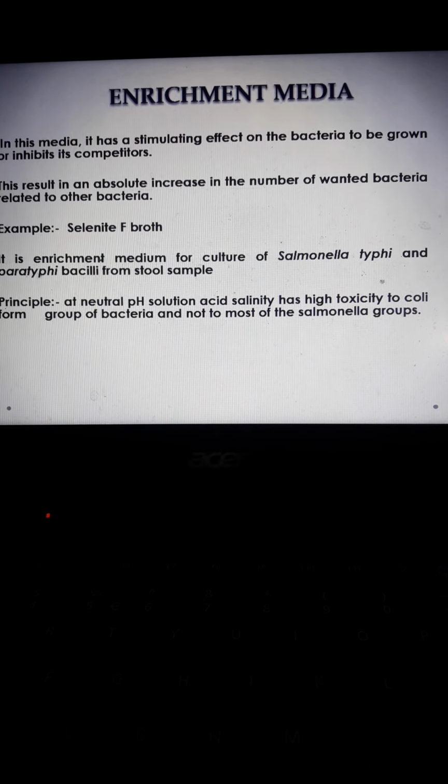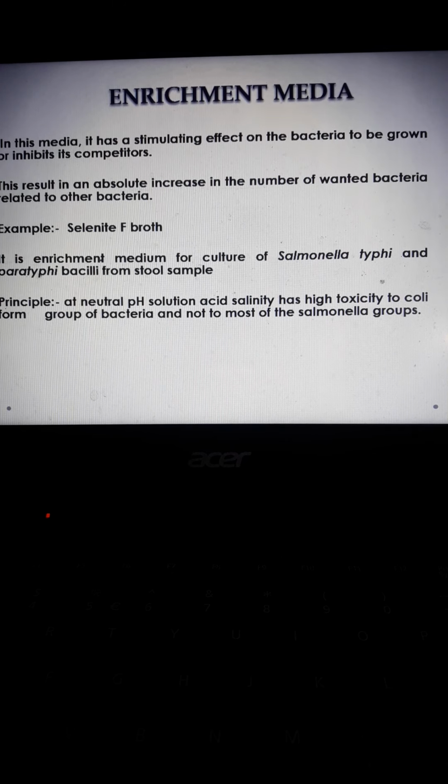So you have to use the enrichment media. So example niyan is selenite F broth. It is an enrichment medium for culture of Salmonella typhi and Paratyphi bacilli from stool sample. So pwede mo i-culture yung sample mo na stool, then use this one. Then hopefully 90% Salmonella typhi ang ma-isolate or Paratyphi.